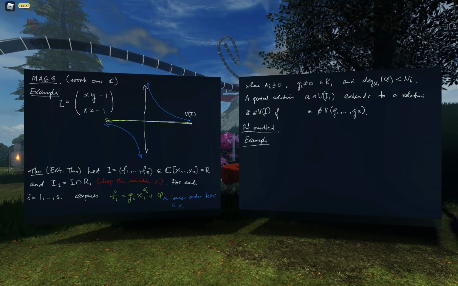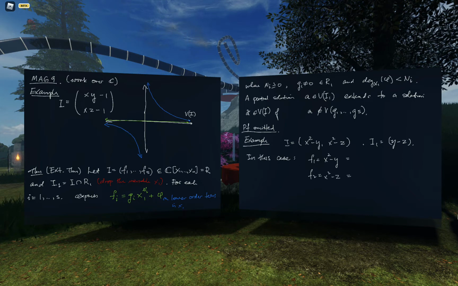Okay, so in the previous example, actually, no, this is not the same example. Different example, sorry. F1 is equal to x squared minus y, F2 is equal to x squared minus z.